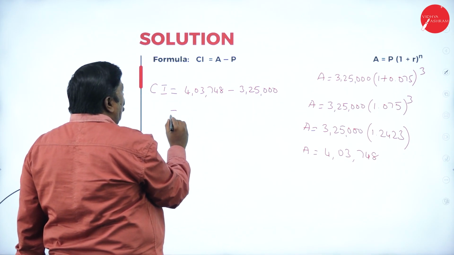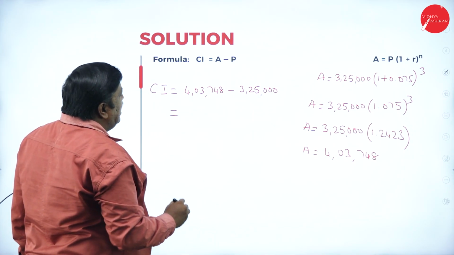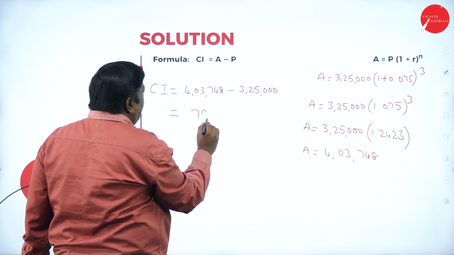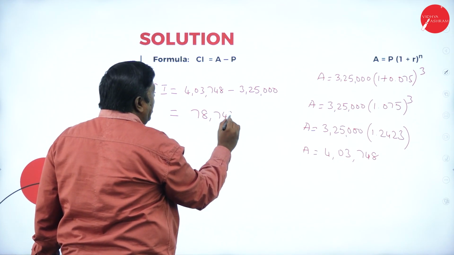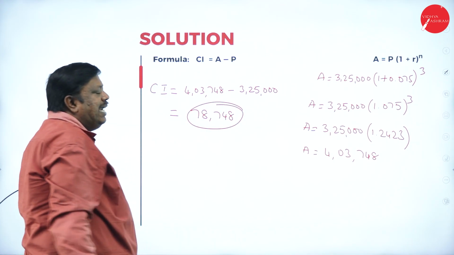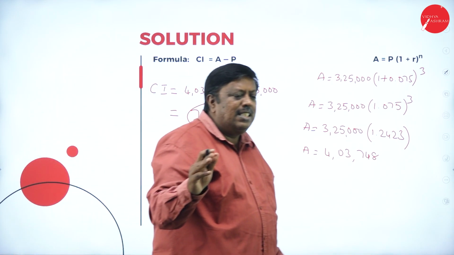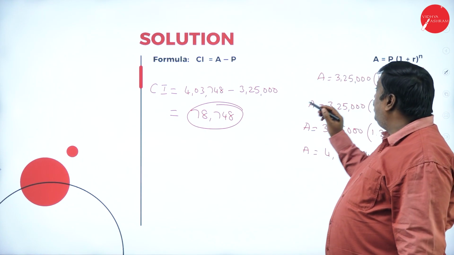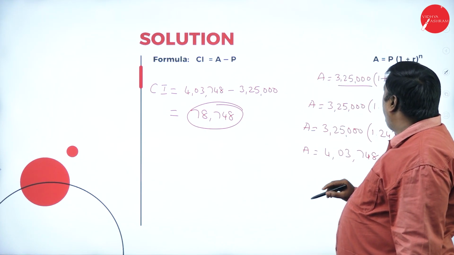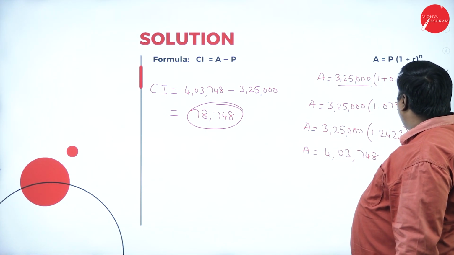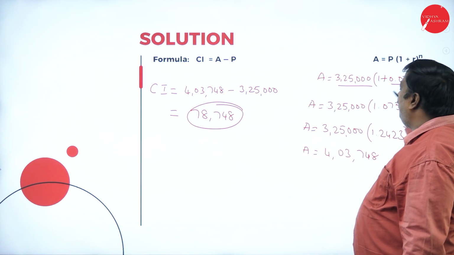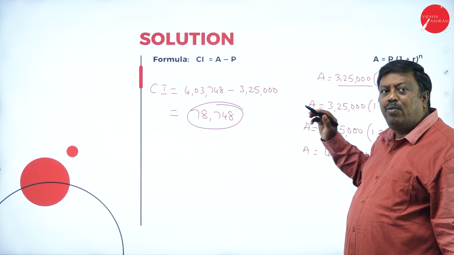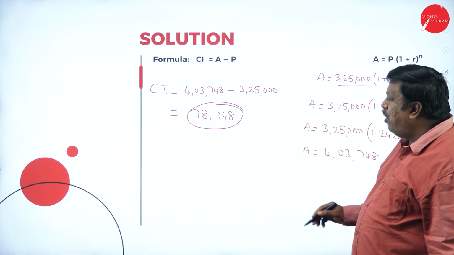So my compound interest will be 78,748. So my compounded interest amount will be 78,748 for the investment of 3,25,000 for a period of 3 years at the rate of 7.5%. That's how we have to calculate the compound interest.